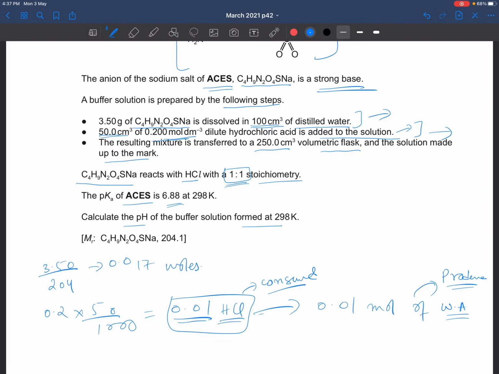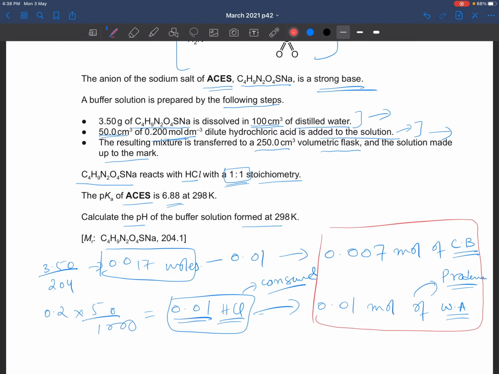And the salt we are left with: we have 0.017 moles of salt minus, as it is in 1:1 ratio with HCl, 0.01 of it consumed with HCl. So we are now left with 0.007 moles of conjugate base, or you can say salt. So now these two would make the buffer.